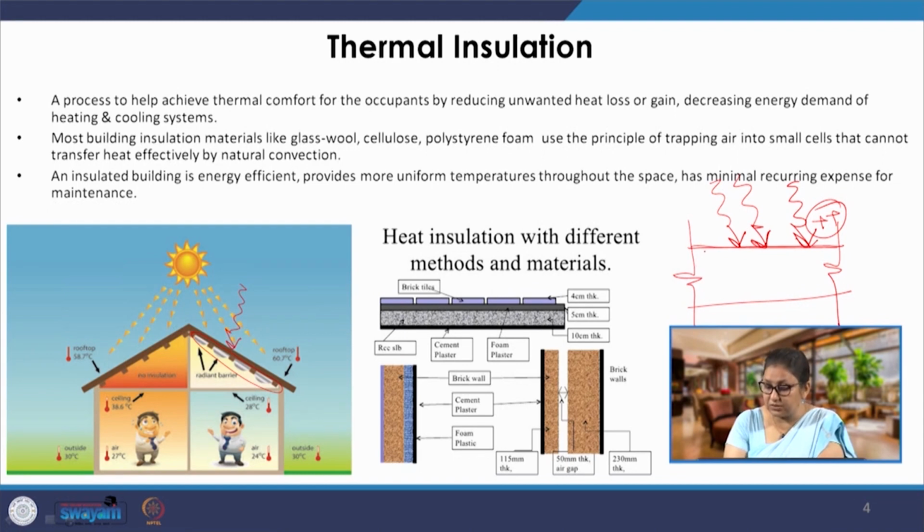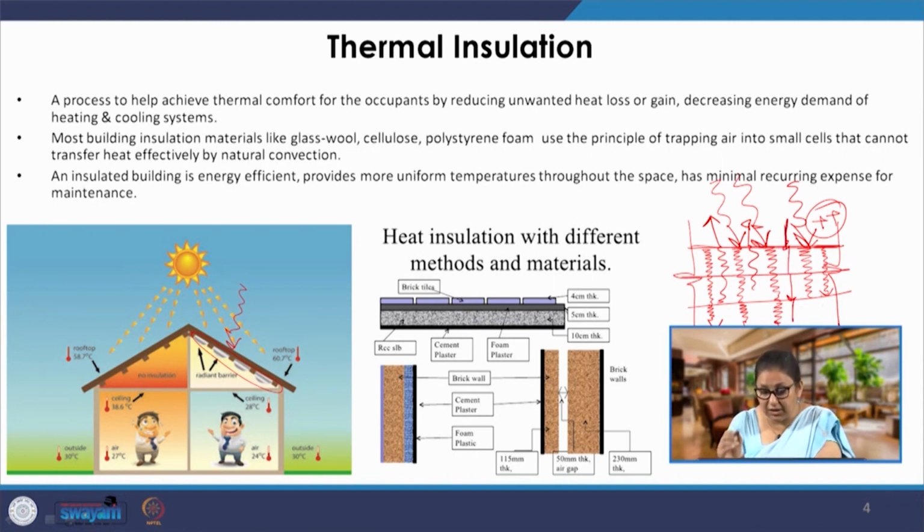Now, this heat is going to be absorbed by the material. It will take time depending upon the specific heat and mass of this material to completely heat up. So, this surface will get heated up fast, and gradually the heat will percolate, and then be re-emitted from the other side. Not just the other side, this heat is also going to be re-emitted during the night time from this side. So, from both the sides it is going to be emitted equally.